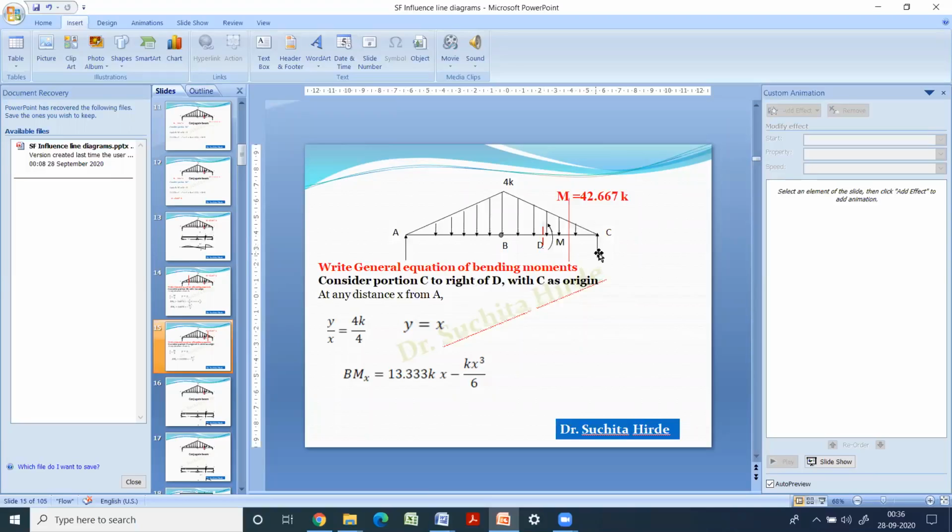That means we are measuring the distance x from C. If you calculate the relation y upon x is equal to 4k upon 4, we get the same relation y is equal to x, and therefore bending moment is equal to this reaction into distance, that is 13.33 K into x minus kx cubed by 6. If you derive this, you will get this equation. Now we will write equation between D to B.